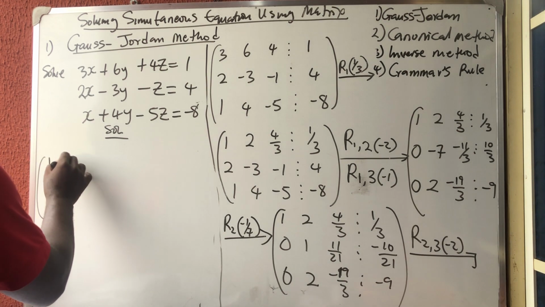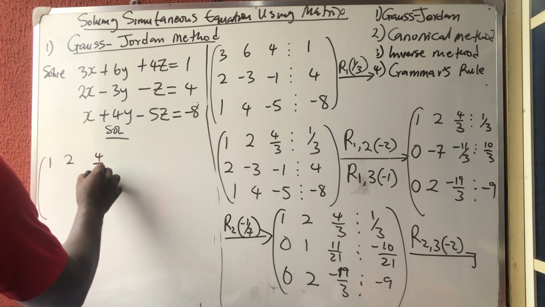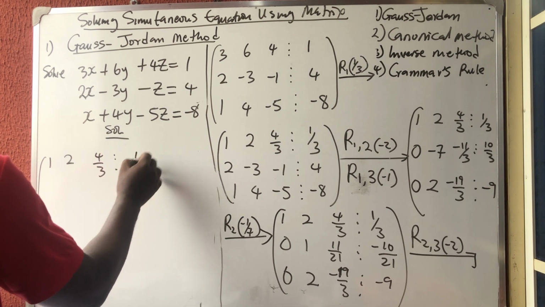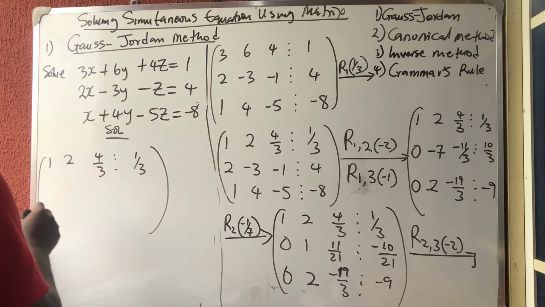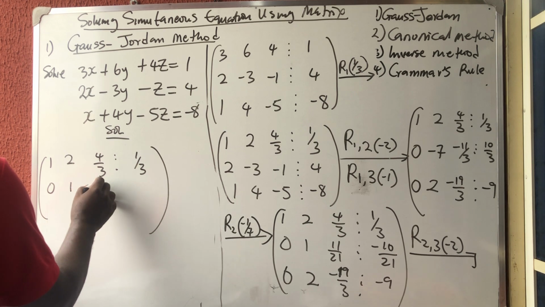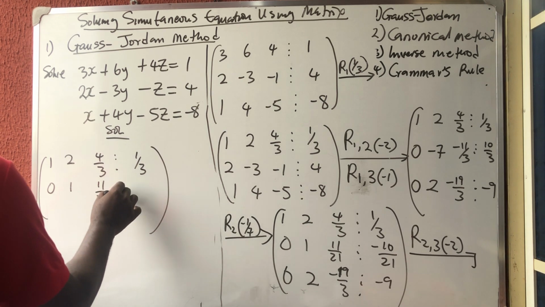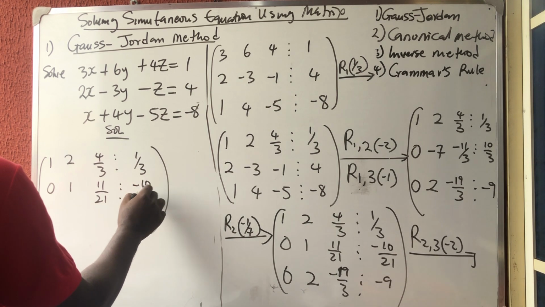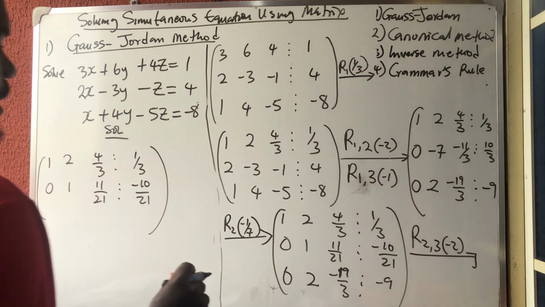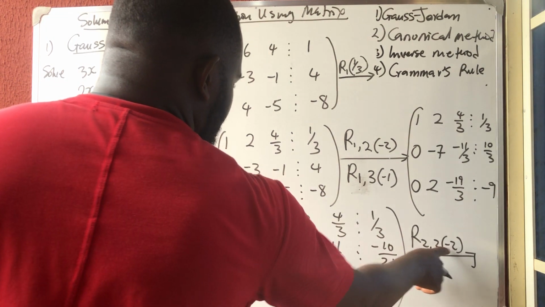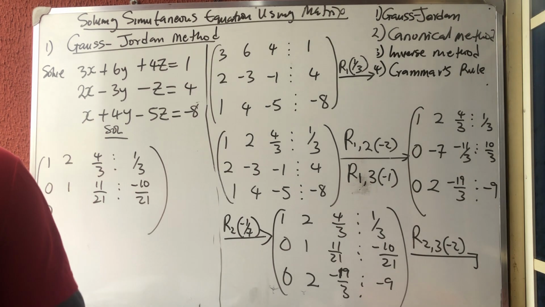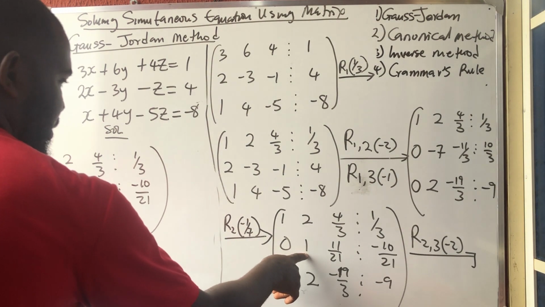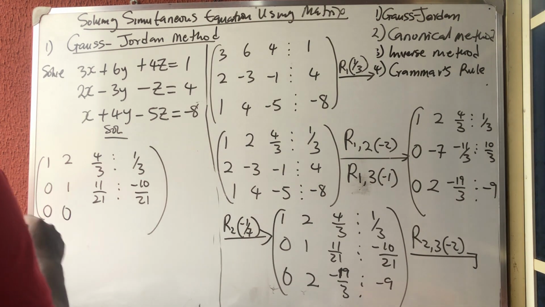Leave 1 the way it is, 1, 2, 4 over 3, dot, dot, dot, 1 over 3. Okay, then leave 2 the way it is, 0, 1, 11 over 21, dot, dot, dot, minus 10 over 21. So the next one now is multiplying this. Minus 2 times 0 is 0, 0 plus 0 is 0, minus 2 times 1 is minus 2, minus 2 plus this is 0.